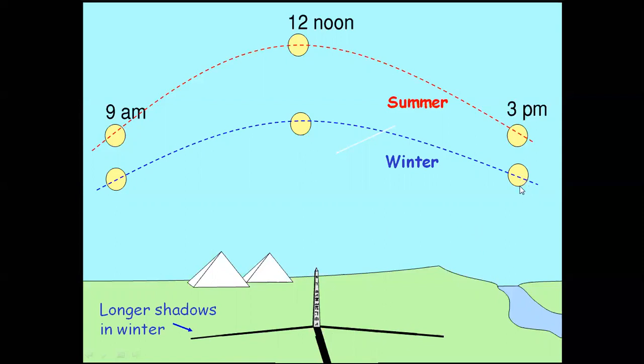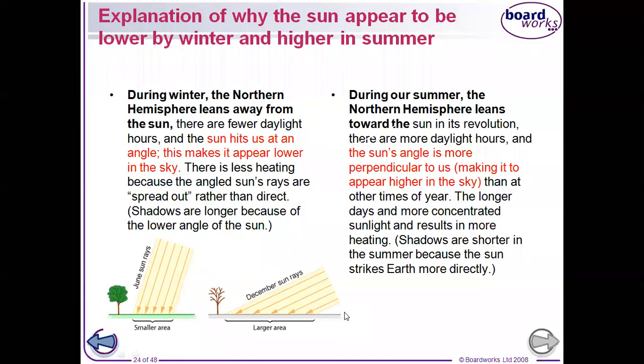By 3 p.m., a longer shadow to the left side. Now, this is the reason why the sun appears to be closer during winter and much less hot.